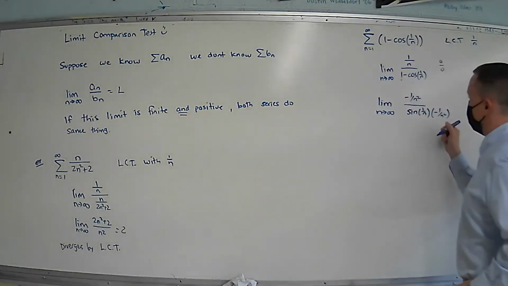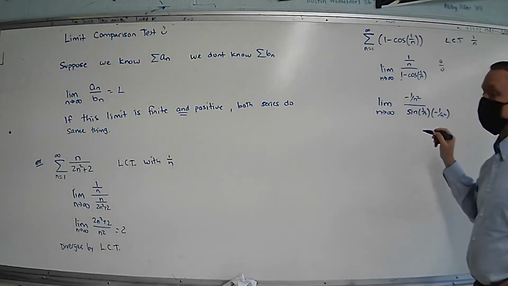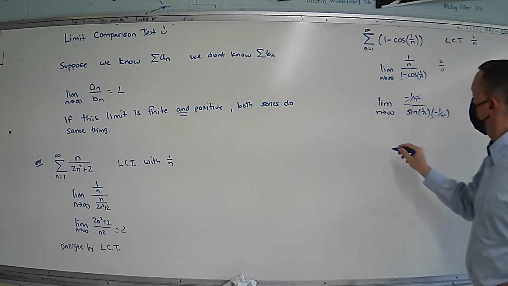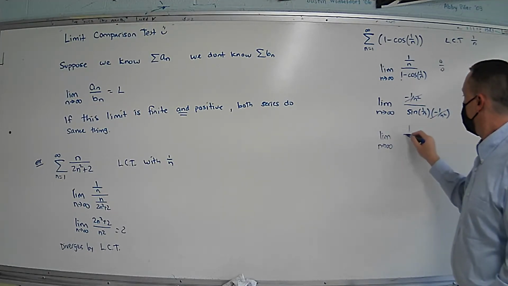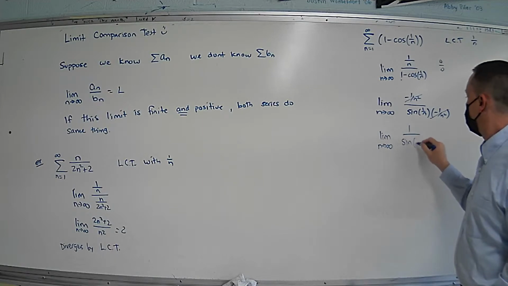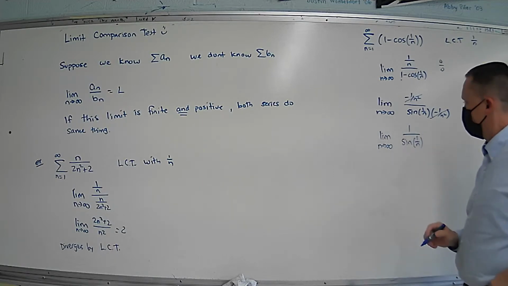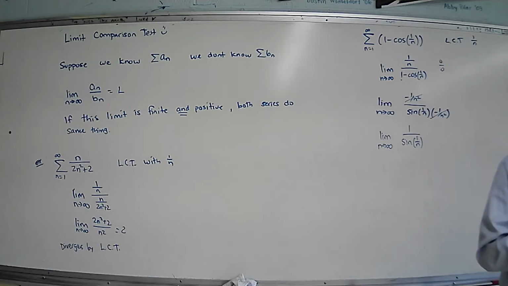Now what happened to these 1 over n squareds? These cancel, right? So now I'm left with this. So what is that approaching?